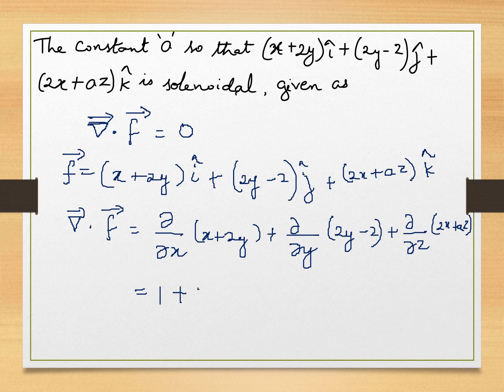Here we get 2, and from this term we get plus a. So del dot f should be equal to 0 for being a solenoidal field. So that means 3 plus a is equal to 0. So the value of a should be minus 3.